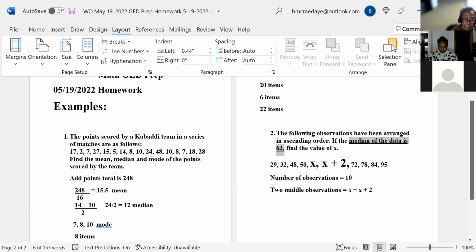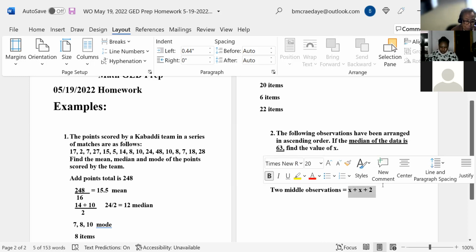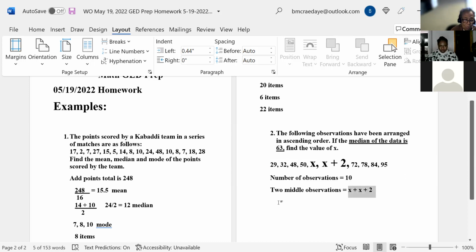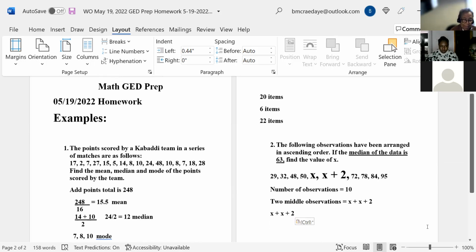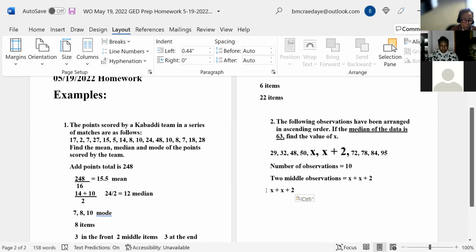So this will be X plus X plus 2, following our rule for how we calculate the median when it's an even set of items. That's how we calculate it, right? We get an average. So this is divided by 2.